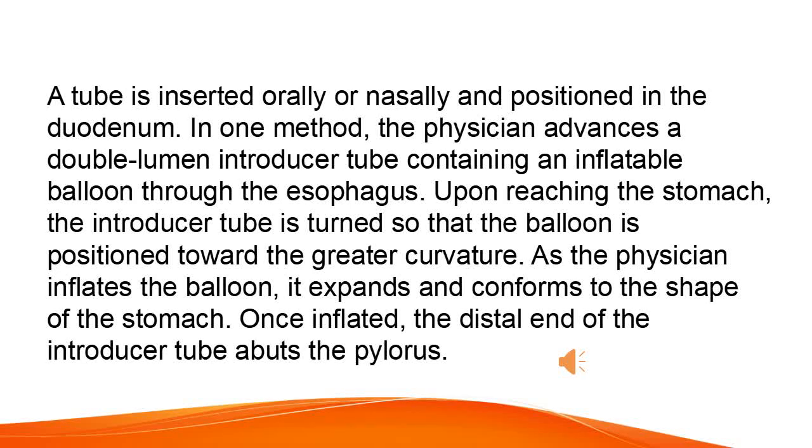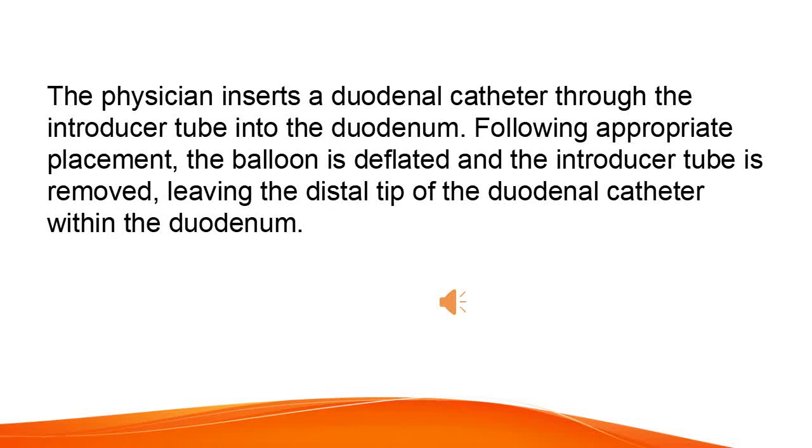Once inflated, the distal end of the introducer tube abuts the pylorus. The physician inserts a duodenal catheter through the introducer tube into the duodenum. Following appropriate placement, the balloon is deflated and the introducer tube is removed, leaving the distal tip of the duodenal catheter within the duodenum.